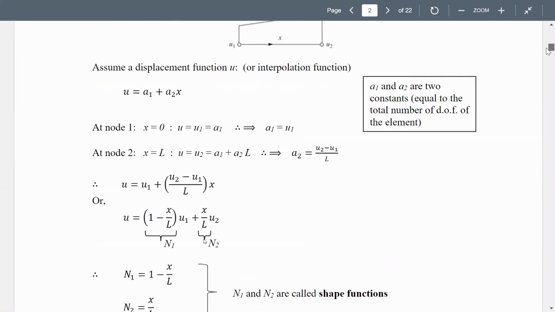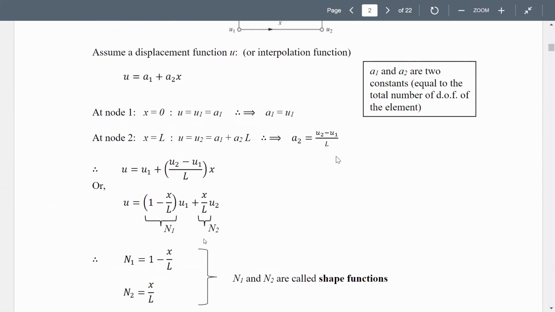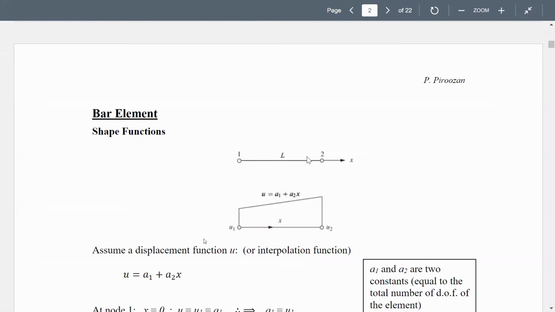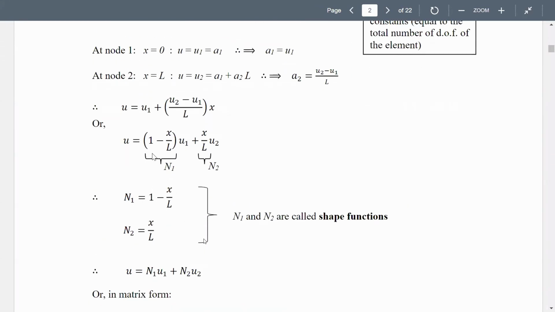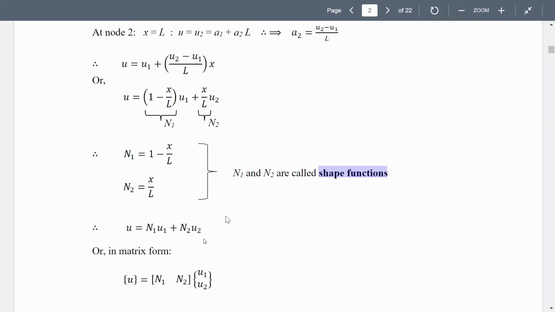That was where we derived this: this bar is one element, and we said this N1 and N2 are the shape functions. So U is N1 U1 plus N2 U2.